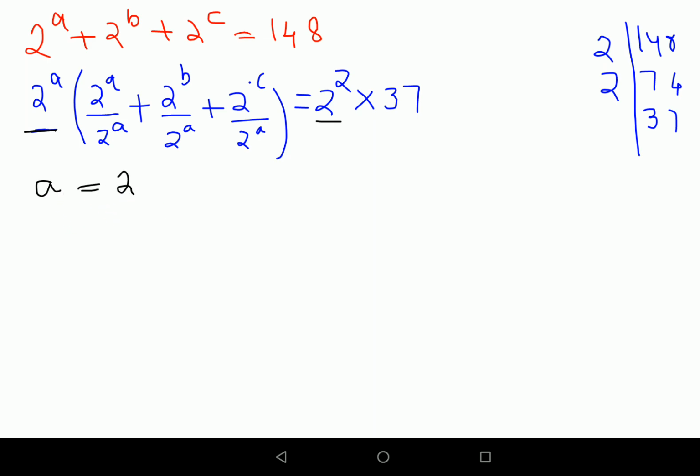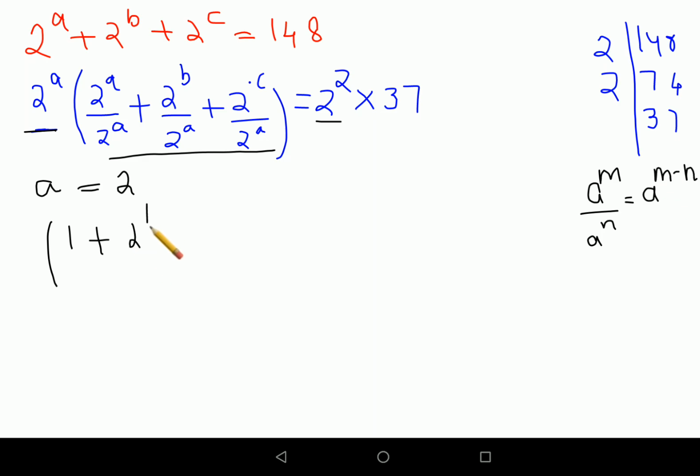So from this I can directly say the value of a is 2. Now I'm just left with the bracket: 2^a/2^a, which is 1, plus 2^b/2^a. Please understand, a^m/a^n can be written as a^(m-n).